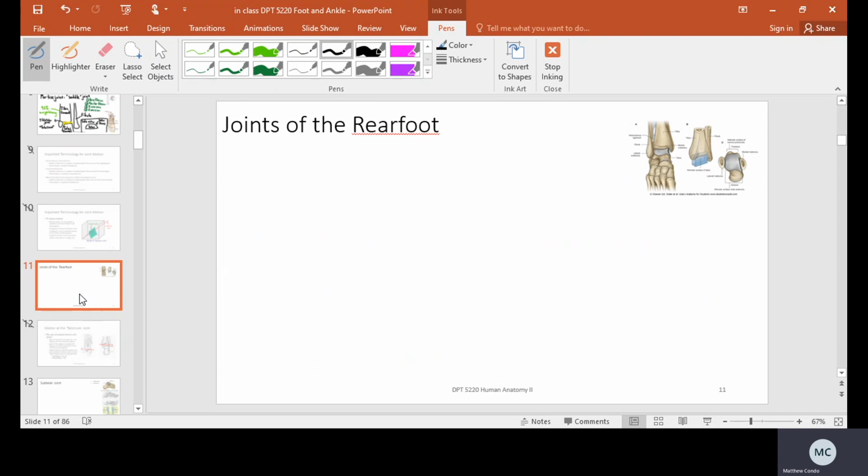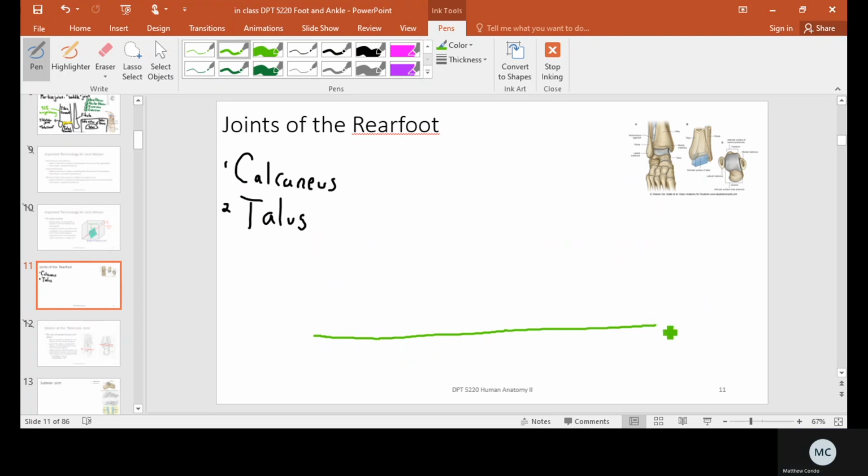So like we talked about, joints of the rear foot are going to be the calcaneus and the talus. What I'm going to need to understand is, and I'm going to draw this like the person standing on the ground.